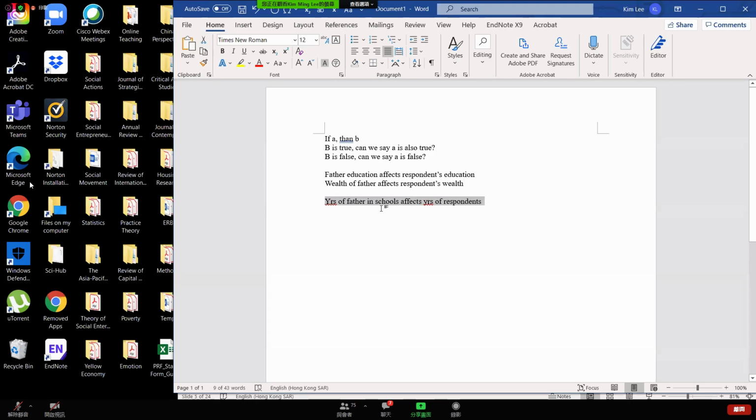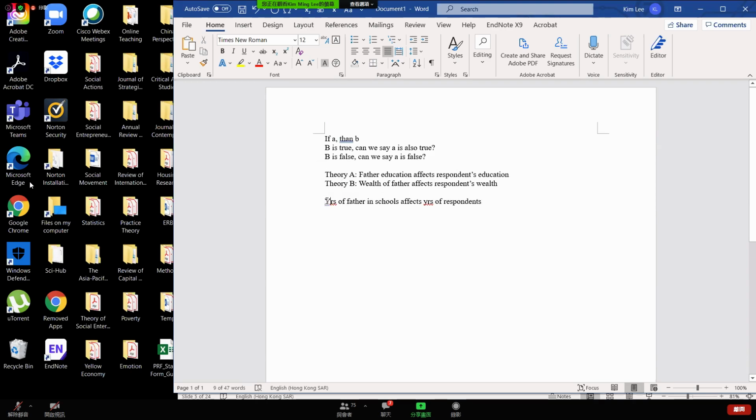Once we find out that this empirical statement is true, we don't know whether theory A or theory B is true, because both of them imply the empirical statement.